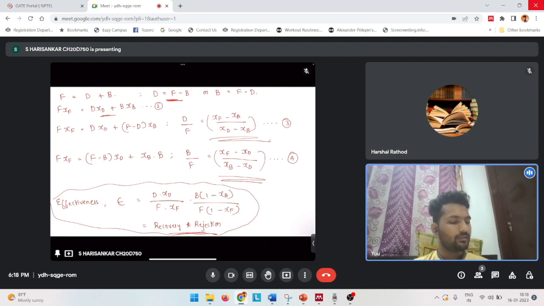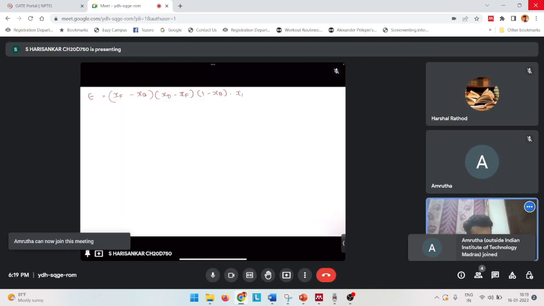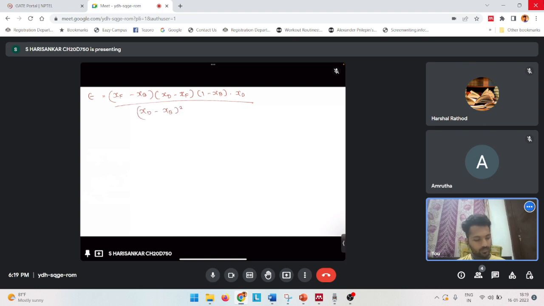So if we apply the mass balance equations 3 and 4, we get epsilon is equal to (xF minus xB) into (xD minus xF) into (1 minus xB) into xD by (xD minus xB) the whole square into (1 minus xF) into xF.